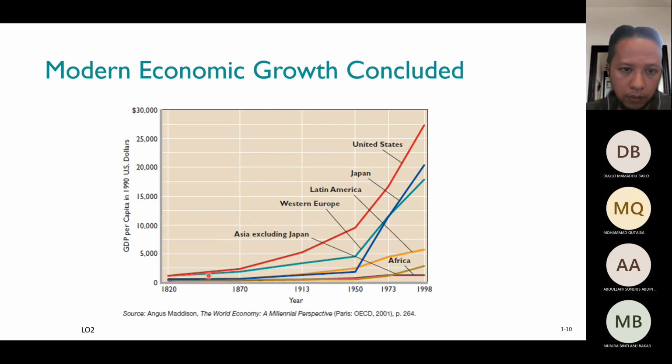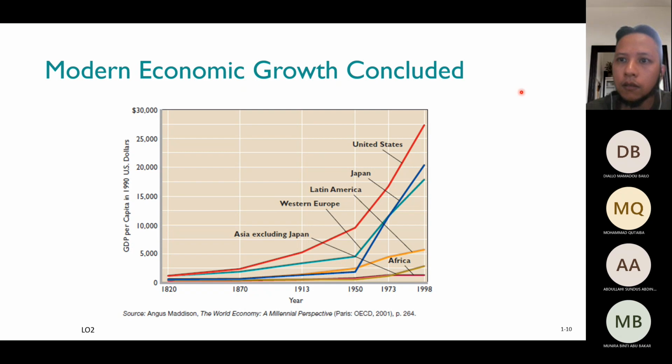And when you see the growth rate, because of colonialism, you saw the United States and Europe increasing much faster. However, the countries in Asia and Africa are still catching up when you compare this GDP per capita.